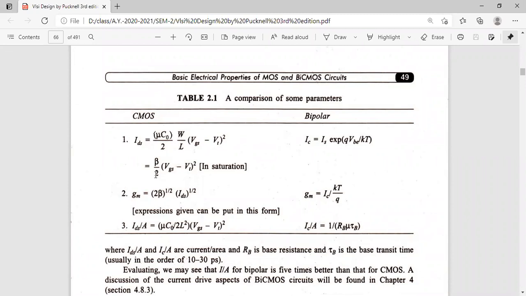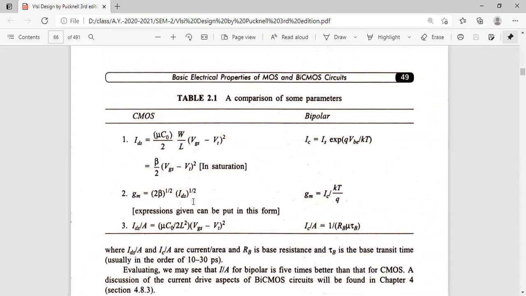Next, in the CMOS, you can see here the transconductance GM is equal to 2 times beta to the power of 1 by 2 into IDS to the power of 1 by 2. That means under the root of 2 beta IDS, right? Here you can see the GM is equal to IC by KT by Q, right? So by using both the equations, we can change the values of IDS and IC correspondingly.